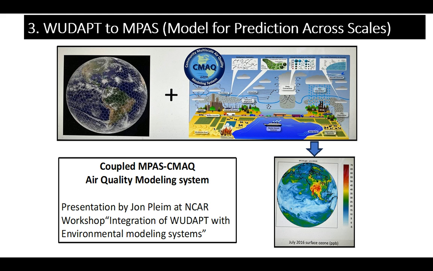They've linked these two together and created a capability to get a global map of ozone. Of course, with CMAQ, you can get anything else, particulates and so forth. You can deal with wildfires and so forth. So there are a lot of capabilities here. And this was presented at the workshop.